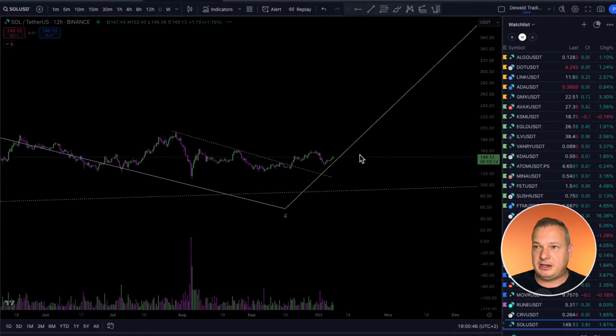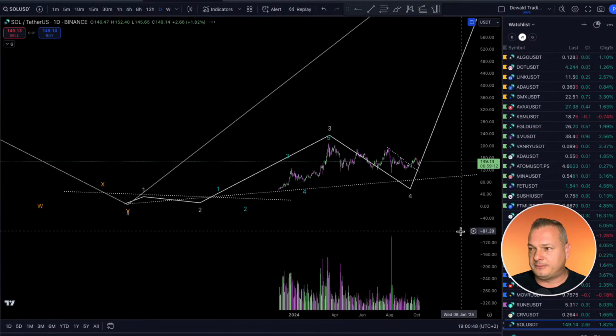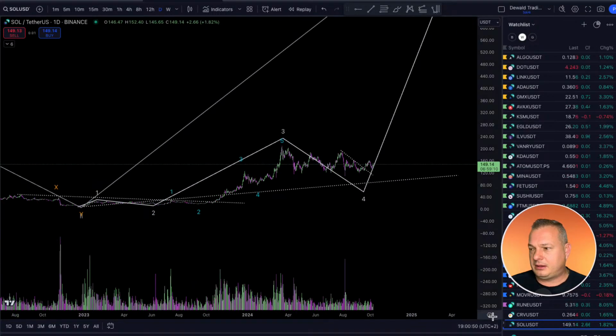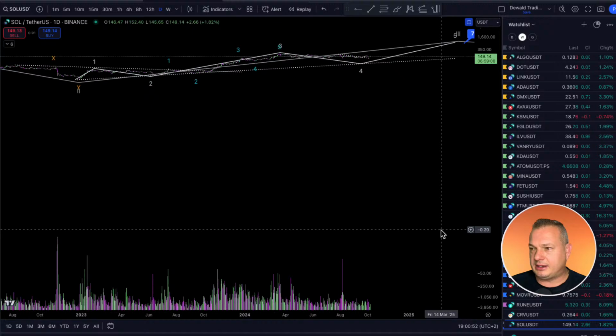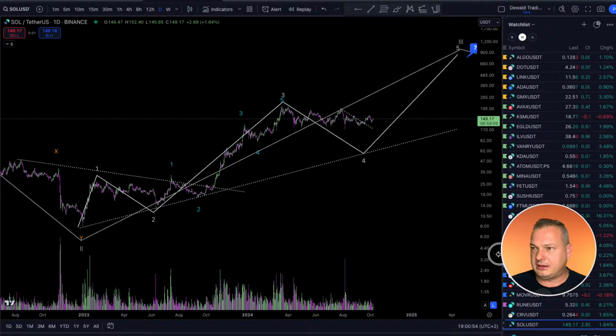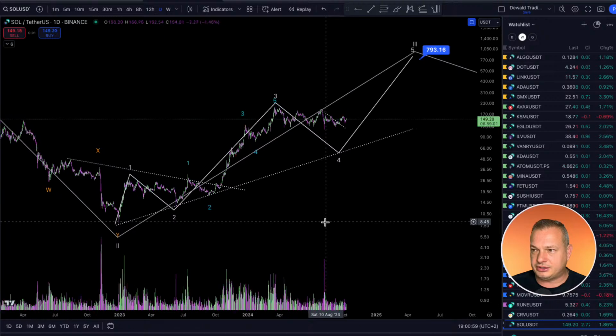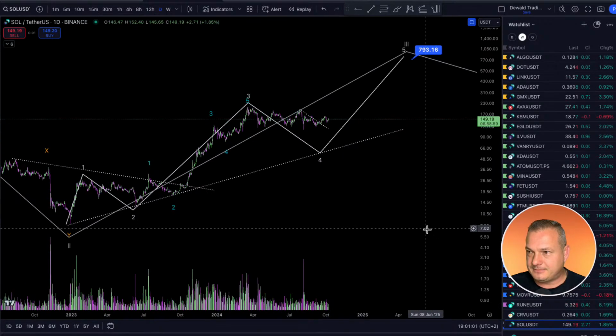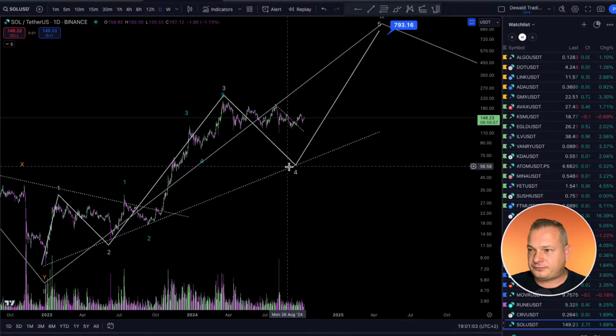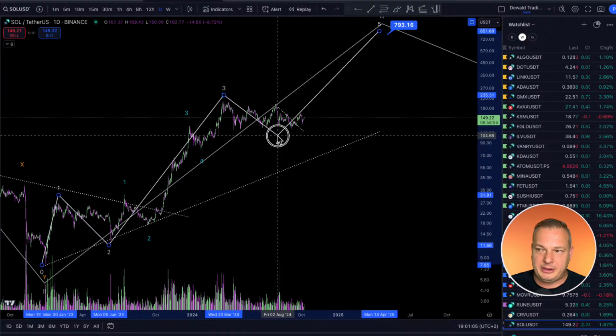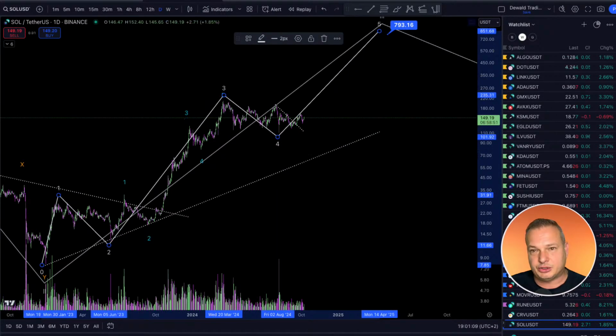I actually have some Elliott Wave theory that I've done here on Solana. I think I did it on the log scale. So this is what I'm seeing here on Solana. The fourth wave could already be in with that wick here to the downside. And what's beautiful about that wick is a swing failure pattern.